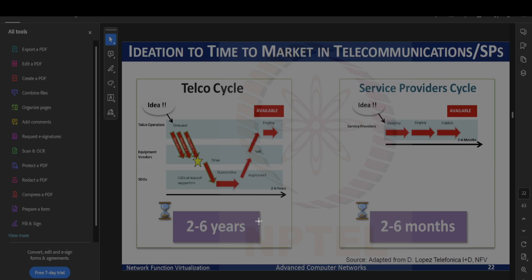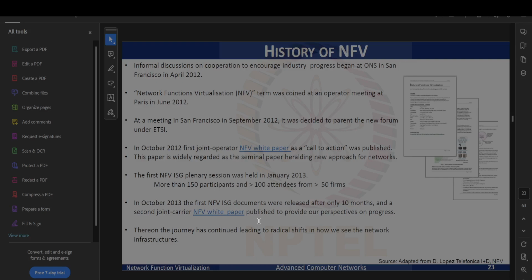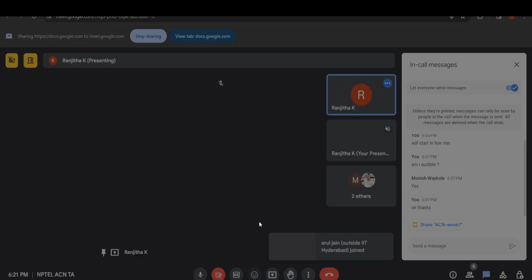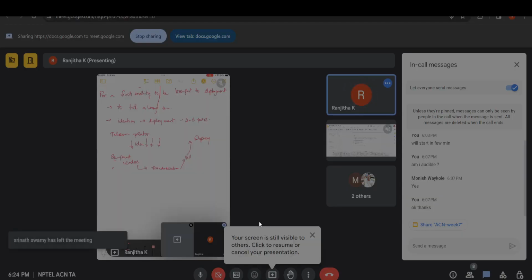That is when the operators sat and started thinking: is it possible, can we also bring in the same mechanism, like how the service providers do, can we also bring softwarization into picture? So that was the start of network function virtualization.